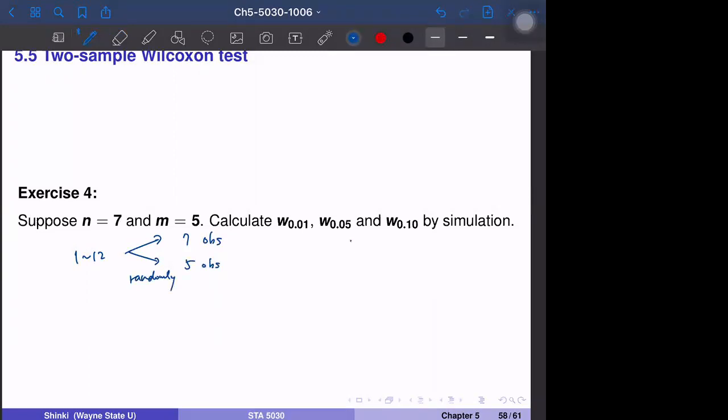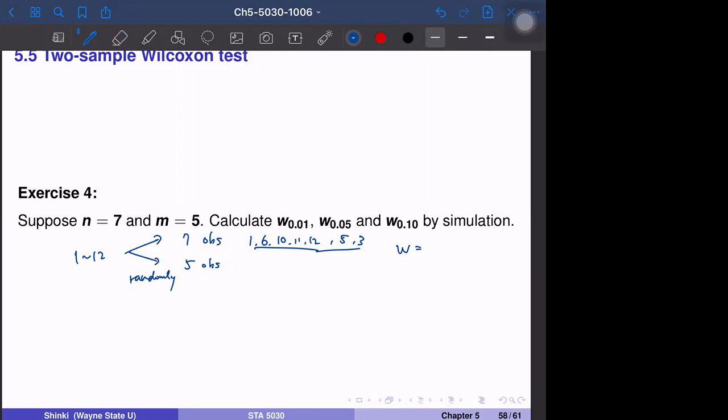Then we calculate W. For example, 7 observations, maybe 1, 6, 10, 11, 12, 5, and 3. Then we can calculate W. W is the summation of this minus 1 plus 2 plus up to 7.